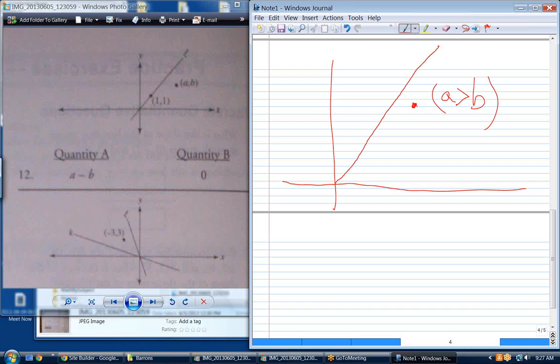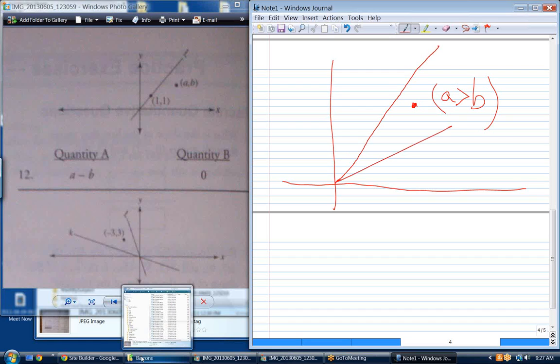Well, slopes that are like this are less than 1. Okay. Slopes that are like this are greater than 1.